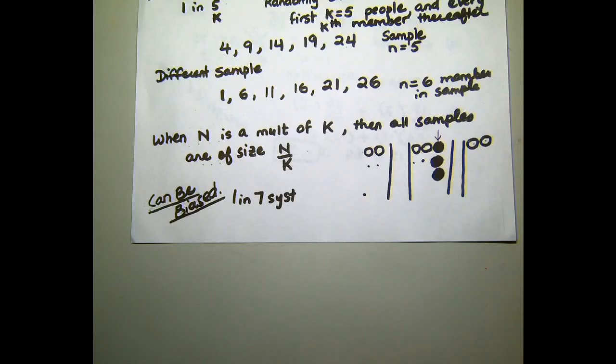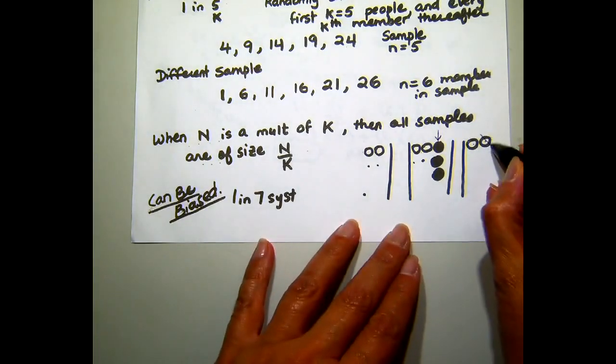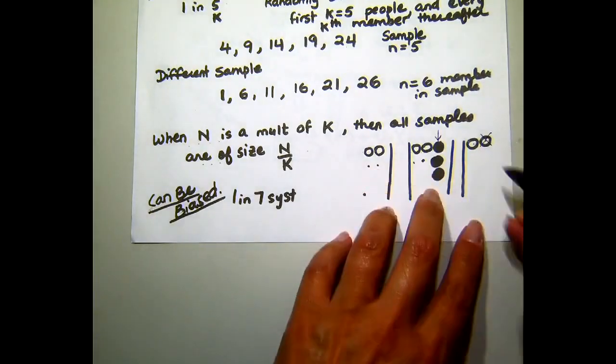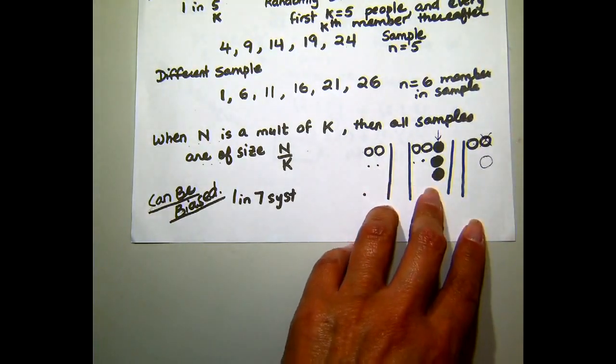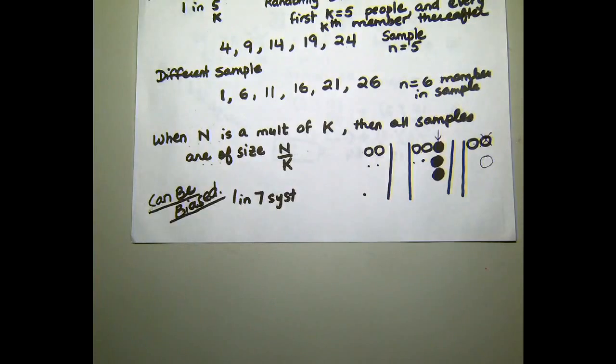Notice that they're doing 1 in 7 systematic and there are 7 across, right? Which will guarantee that everybody they poll is on the aisle, right behind one another. Which means that this guy who cannot get out, and the guy behind him who cannot get out because the person next to them is asleep for 7 hours on a flight to Milan or whatever, is never going to get polled.